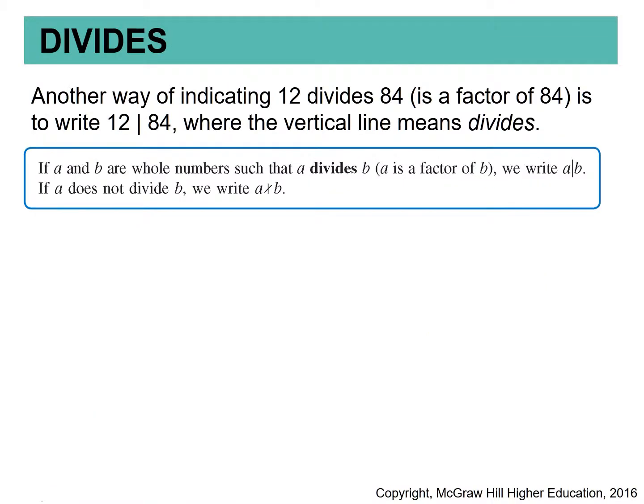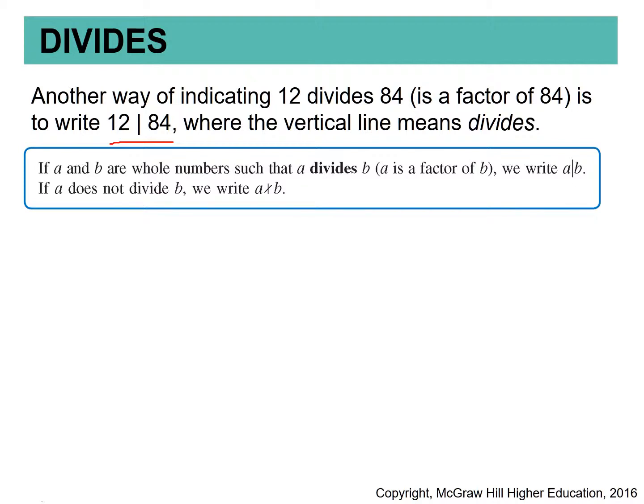So for a bit of notation here, when I want to say that 12 is a factor of 84, which we've seen, I can also write that symbolically as 12 | 84, where the symbol means divides.